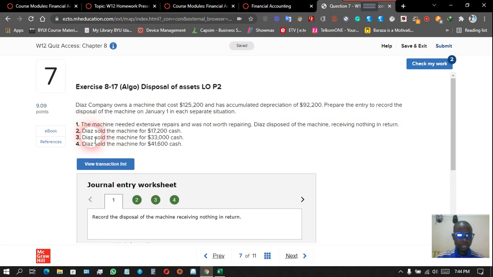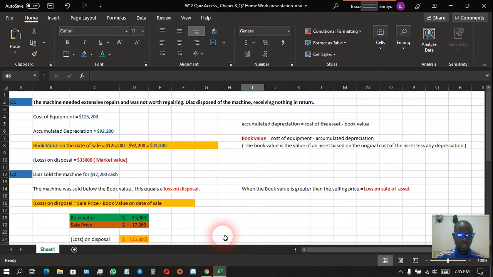If we go to the situation number 2, we are told Diaz sold the machine for 17,200 cash. Now we know that the book value is 33,000.